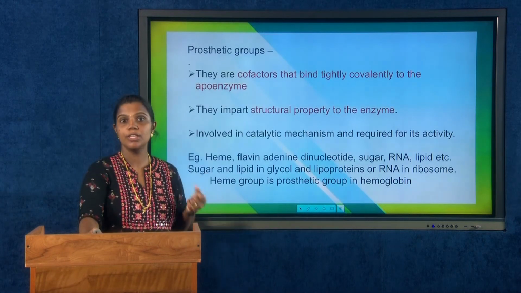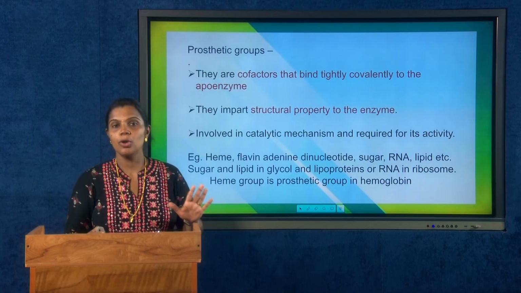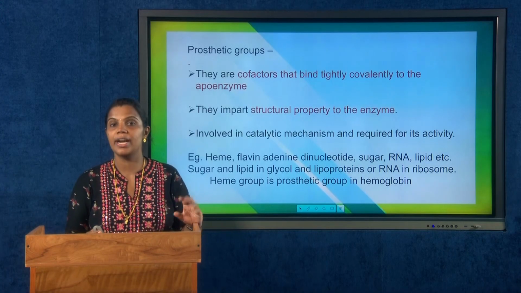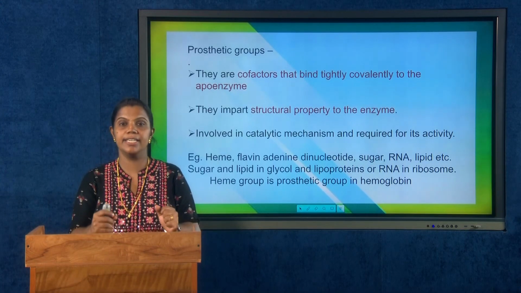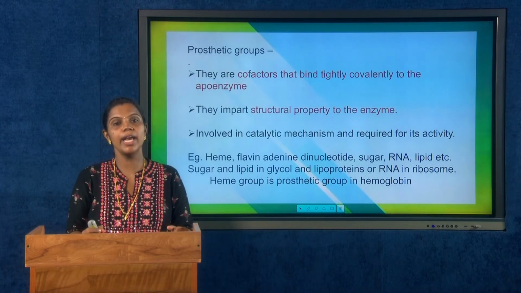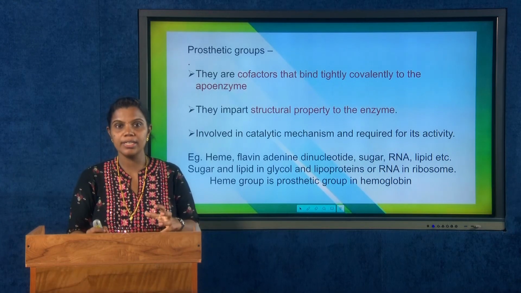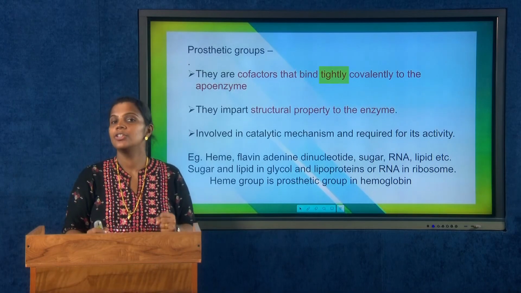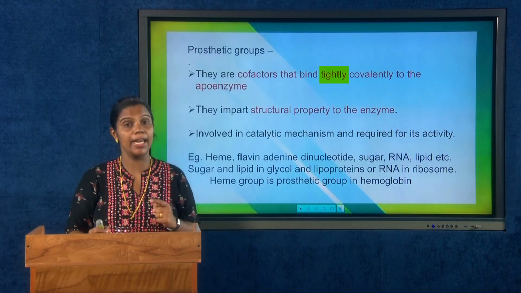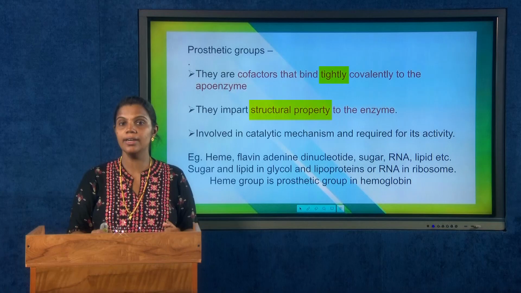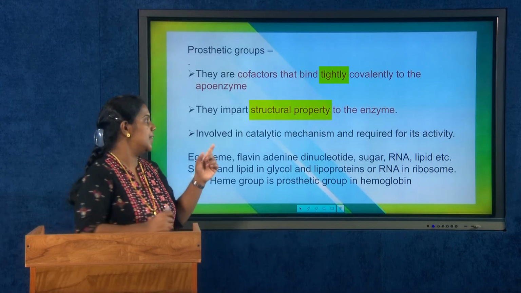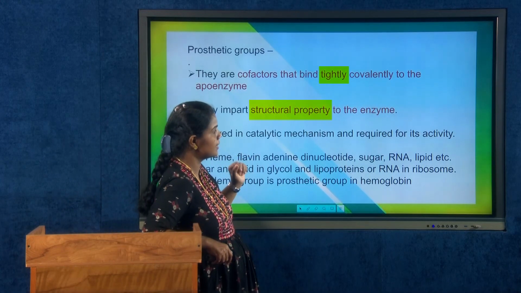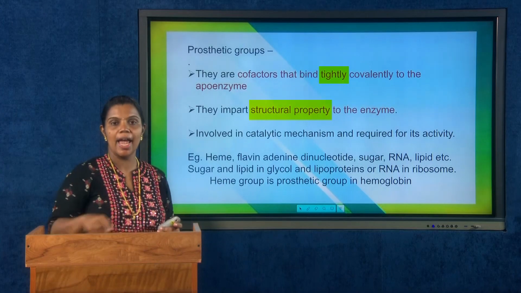Now let us see what are prosthetic groups. Prosthetic groups are actually the cofactors that bind tightly or covalently to the apoenzyme. These cofactors bind very tightly to the apoenzyme. They impart structural property to the enzyme. They are involved in the catalytic mechanism and required for its activity.